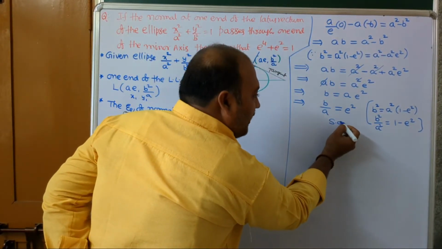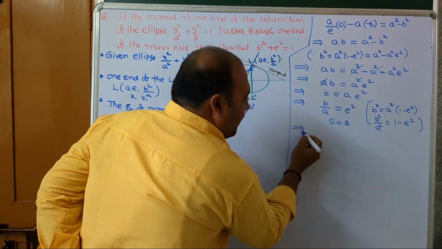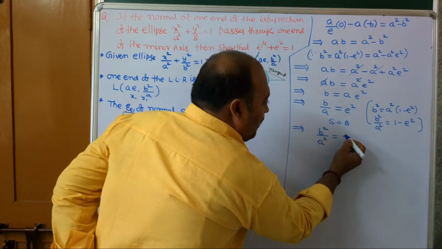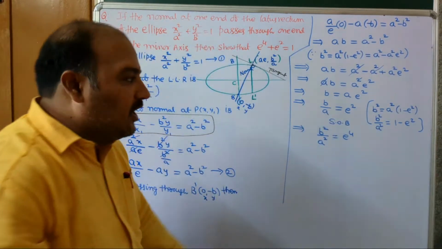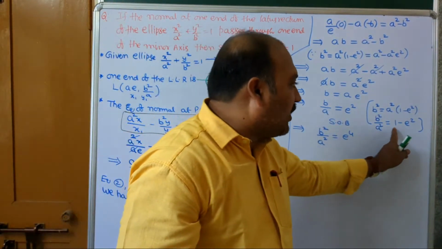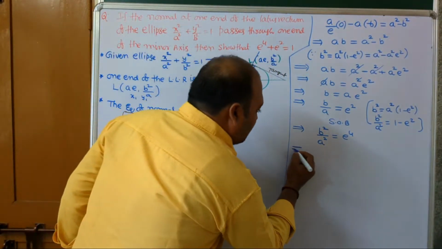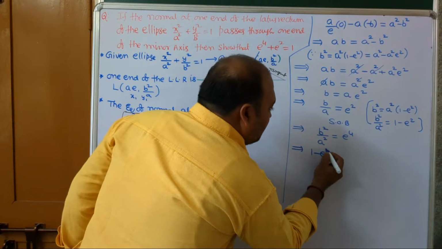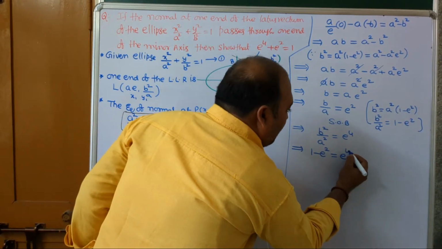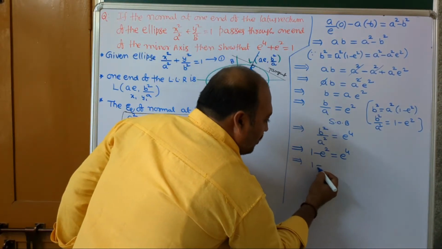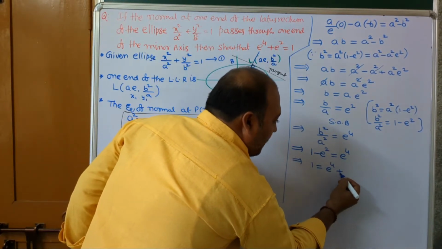Squaring on both sides, that implies b square by a square is equal to e power 4. In place of b square by a square, we replace with 1 minus e square. So 1 minus e square is equal to e power 4, bring that over, 1 equal to e power 4 plus e square.